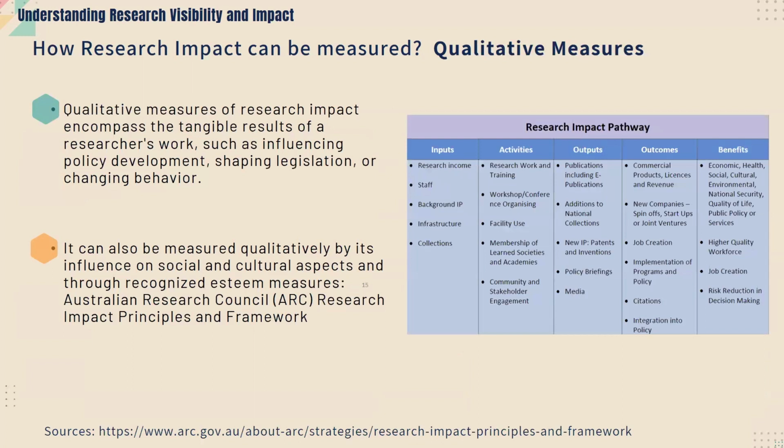Research impacts can also be measured through qualitative measures, which include tangible outcomes of a researcher's work, such as influencing policy development, shaping legislation, and changing behavior. Additionally, research impacts can be assessed by their influence on social and cultural aspects through the recognition of esteemed measures such as the Australian Research Council Research Impact Principles and Framework.